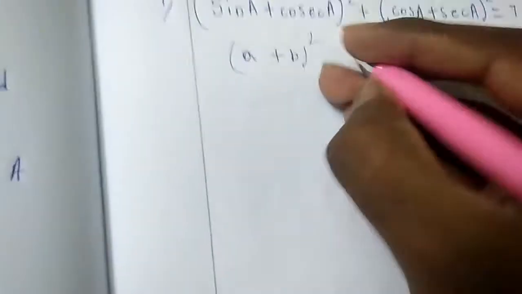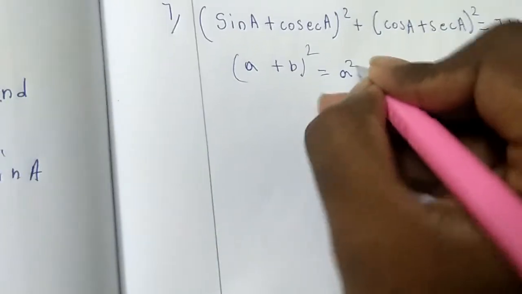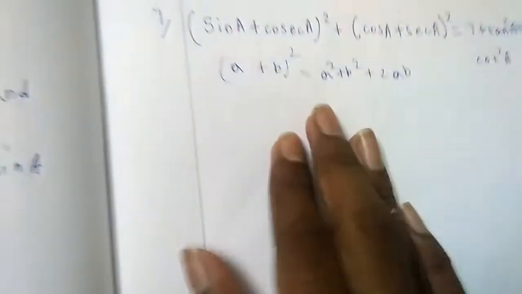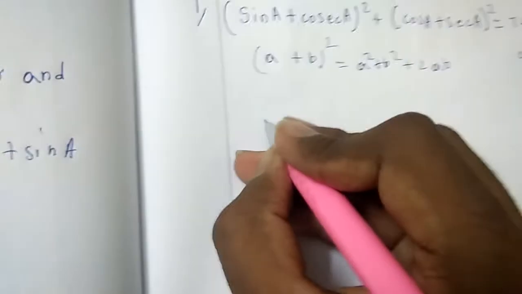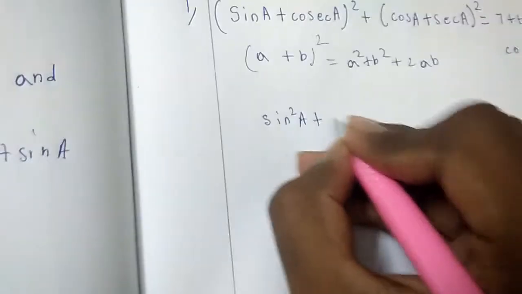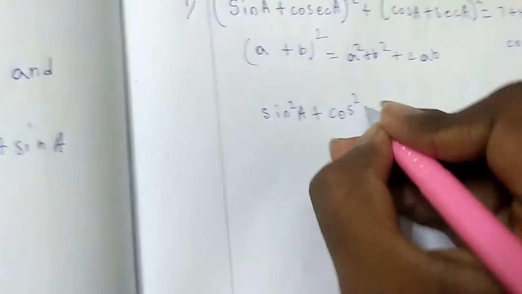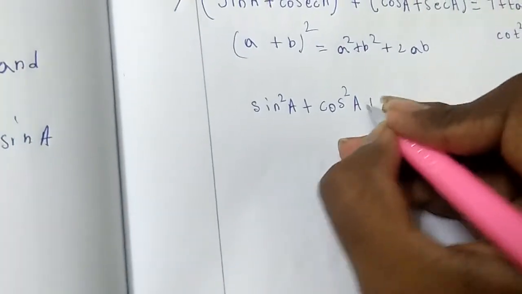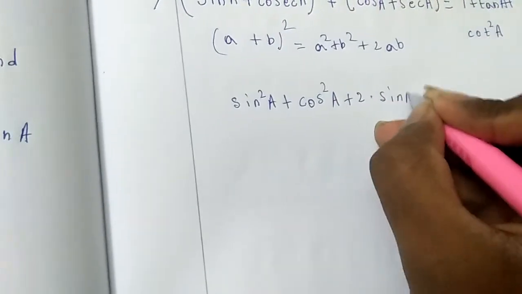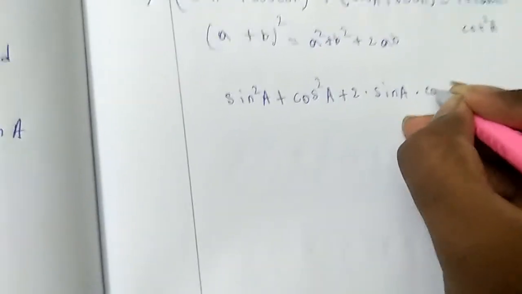So expand it. It will become a square plus b square plus 2ab. Considering a as sin a and b as cosec a: sin square a plus cosec square a plus 2 into sin a into cosec a.